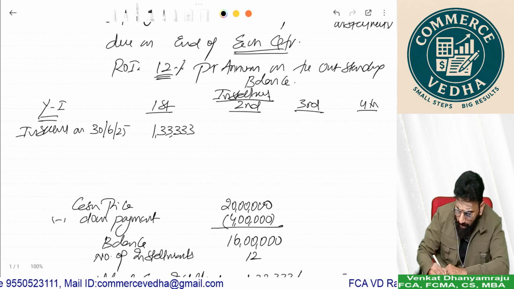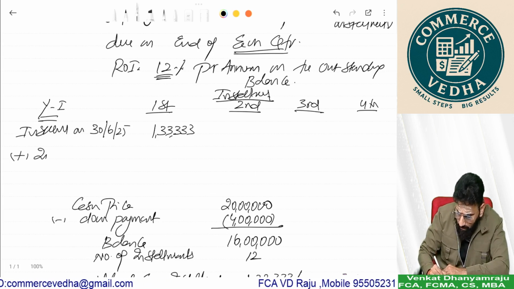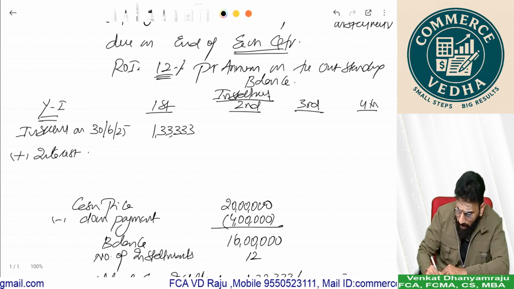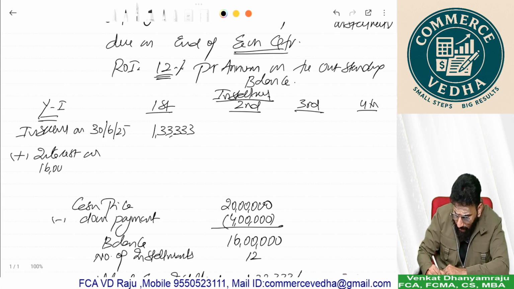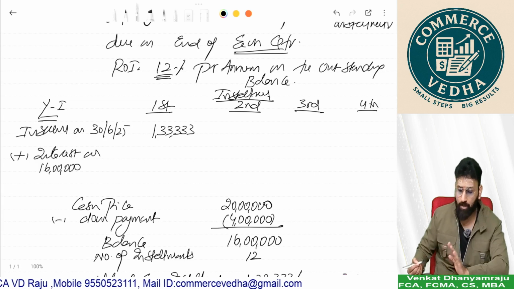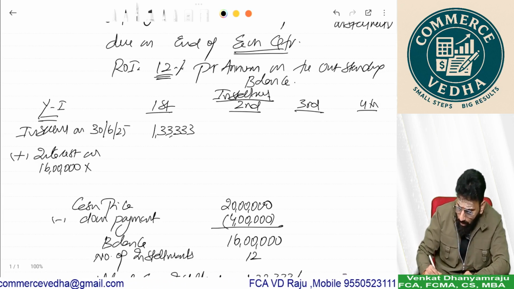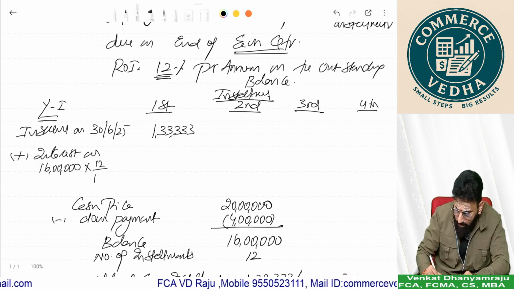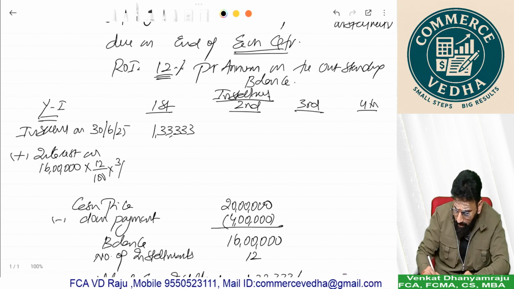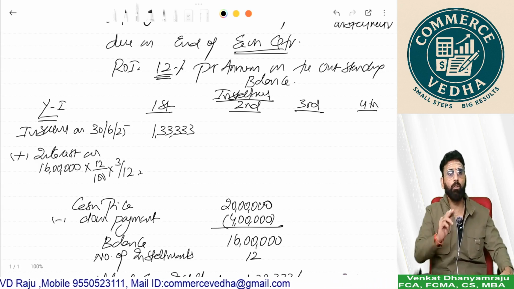1,33,333 plus interest on 16 lakhs, because on the date 16 lakhs is due, into 12% and for 3 months. I should pay only for 3 months.